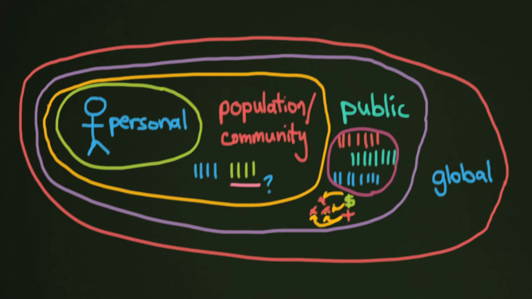It's looking at each one of these levels in different places around the world and trying to understand the problems and the solutions that work best. Global health takes a look at everything, all the way down to the personal level. It also looks at community and public health. And actually, global health is in many ways like public health, but on a much bigger scale. Public health is often a country. Global health is for the whole world.